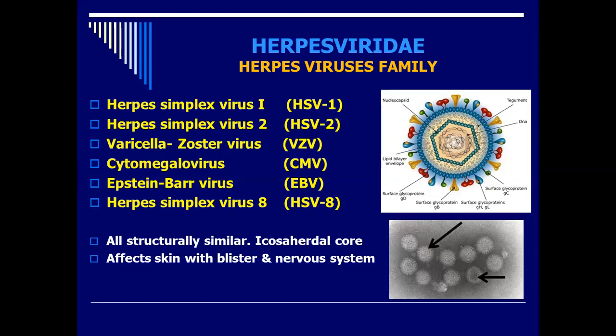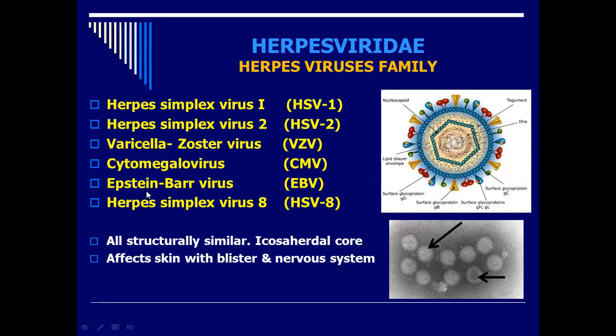Now, the herpesvirus family comprises a group of 6 viruses, starting from herpes simplex 1, herpes simplex 2, varicella zoster, cytomegalovirus, Epstein-Barr virus, and herpes simplex virus 8.